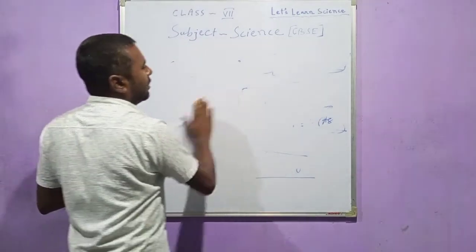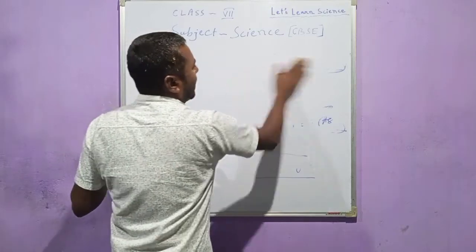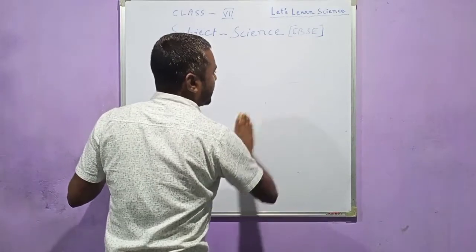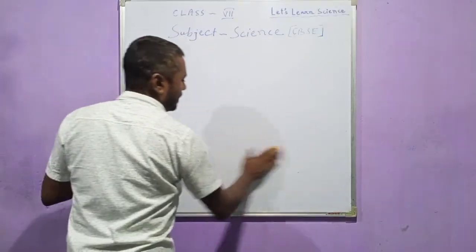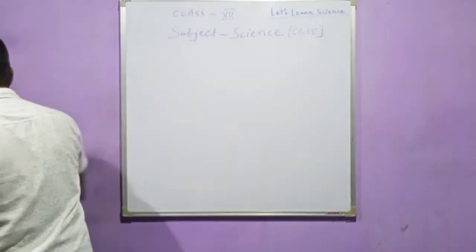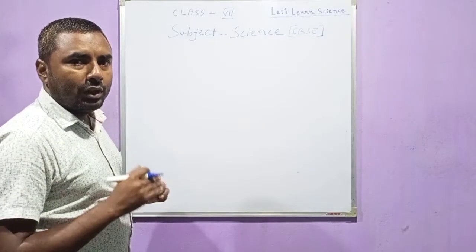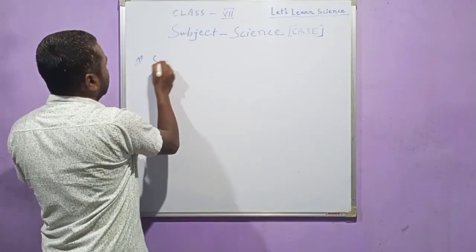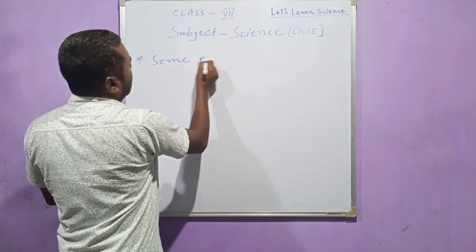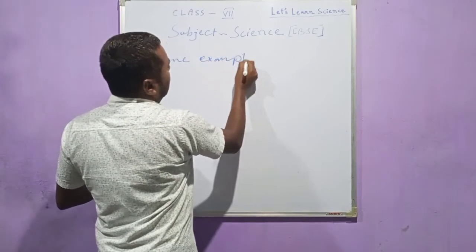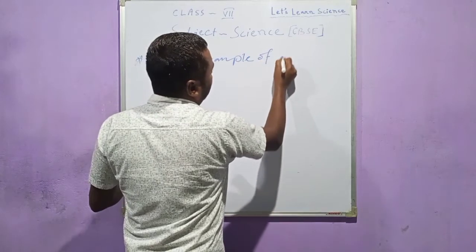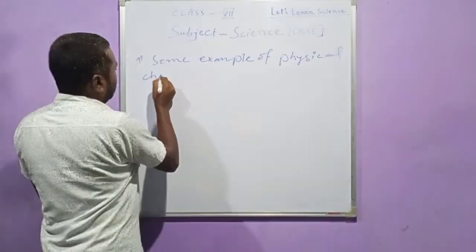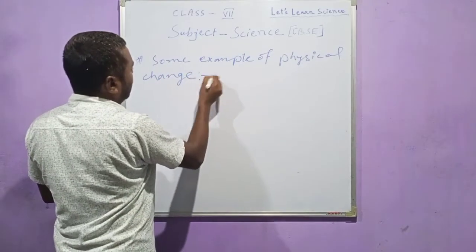Already you have got better here in class 6 different examples of physical and chemical change. Besides that, let me give you some examples of chemical and physical change. Some examples of physical change.